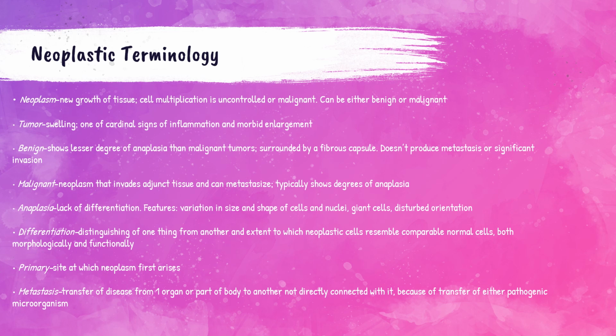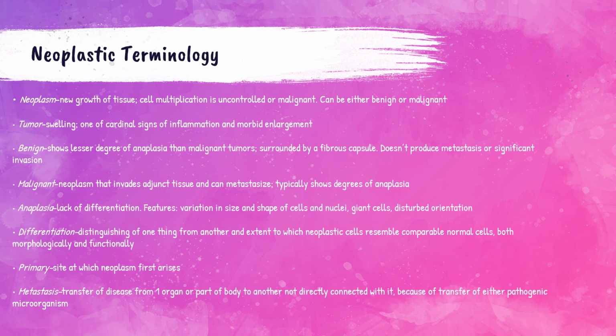Some features of this are variation in size and shape of the cells, dark nuclei, giant cells, and a disturbed orientation. Differentiation is a term used for distinguishing one thing from another and the extent to which neoplastic cells resemble comparable normal cells. The primary site is the site at which a neoplasm first arises.